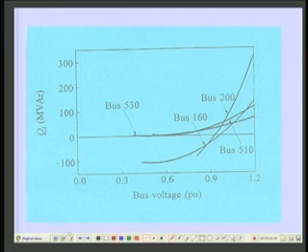Similarly, for the last case, that is the operating condition corresponding to the point C, again QV curves are plotted, and you can easily see that the curves have completely changed. Therefore, what we conclude here is that the QV curves for different buses depend upon the loading condition on the system, and the QV sensitivity is different at different loading conditions.